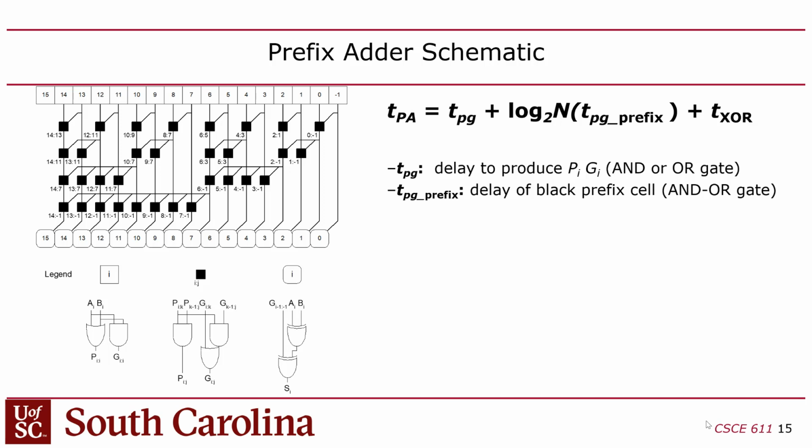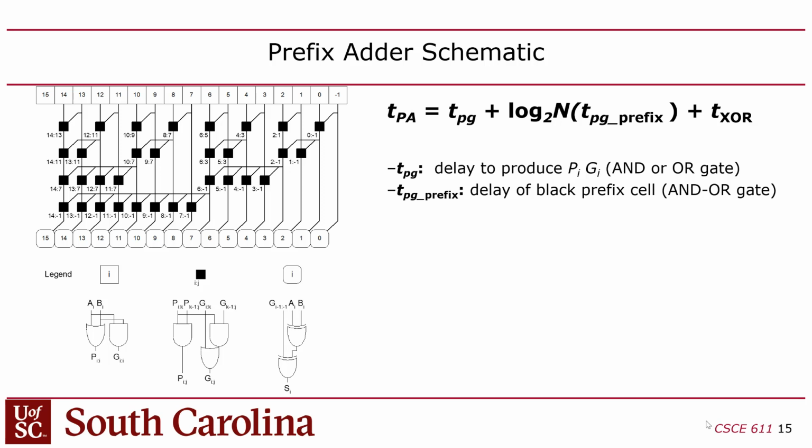K doesn't have to be halfway between I and J, because notice in this case, 13 down to 11, the way I create that group is I grab propagate and generate for just bit 13, and I combine it with 12 down to 11. So I grab this single bit guy and this 2-bit guy, and I get 3 bits. Sorry, it doesn't have to be in the middle. You can grab any two arbitrary groups of P and Gs and merge them together.